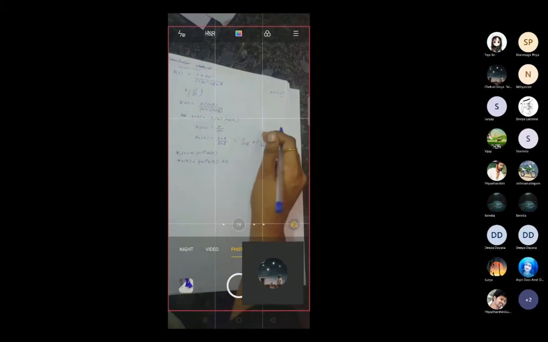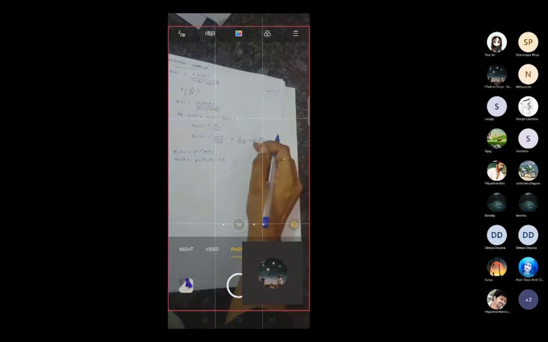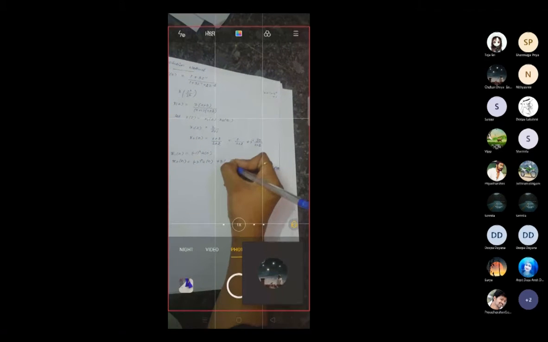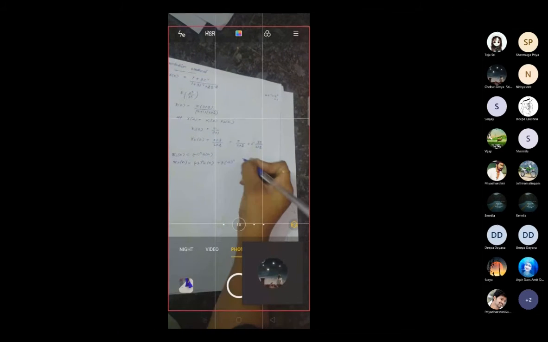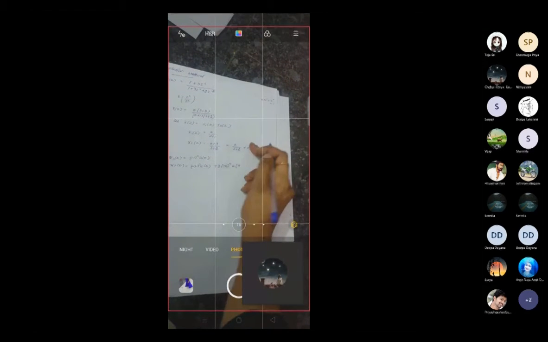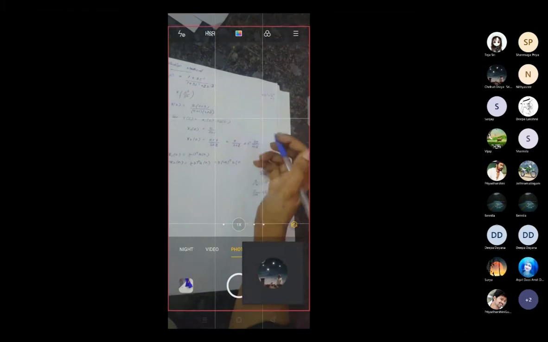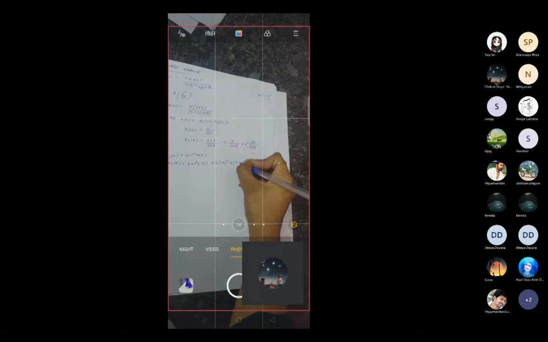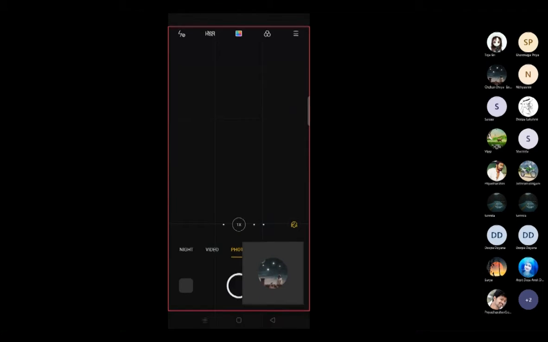Plus 3 into z divided by z plus 2, you will get minus 2 whole power n into u of n. Here you have a z power minus 1 term also, so you have to write one shifting.